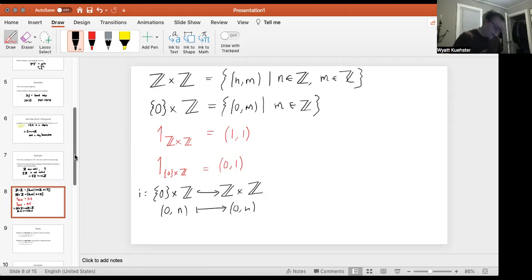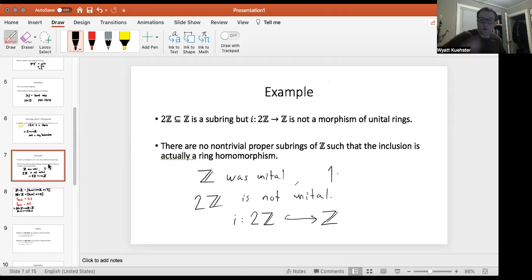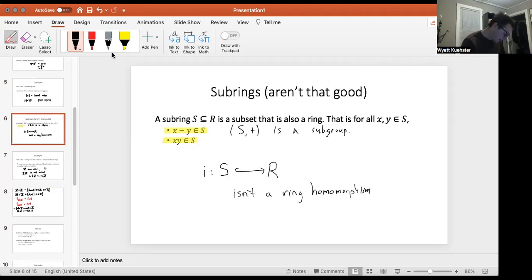But then let's say that I require that all of my subrings have an extra condition that says that the 1 is in S. Well, in that case, all of the subrings just become the whole ring.